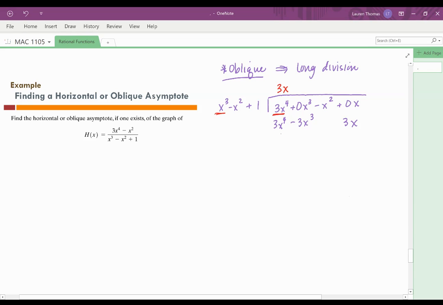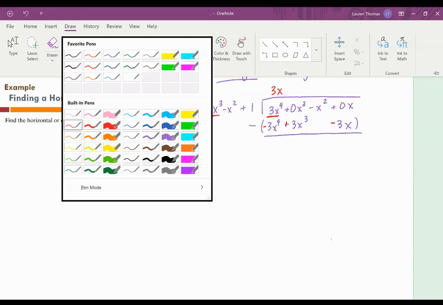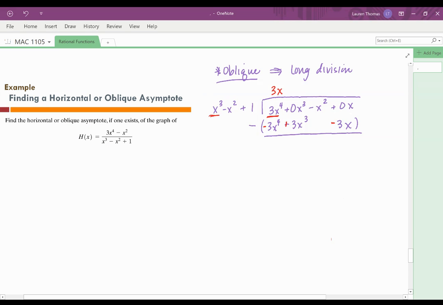All right, then I'm going to subtract. Remember, draw the line, change the sign. All right, so because there's a negative out there, that negative is going to be distributed to all of the terms that come after it. So now this is negative, that's positive, that's negative, and I'm going to combine from top to bottom. Okay. So 3x to the fourth minus 3x to the fourth, that's 0.